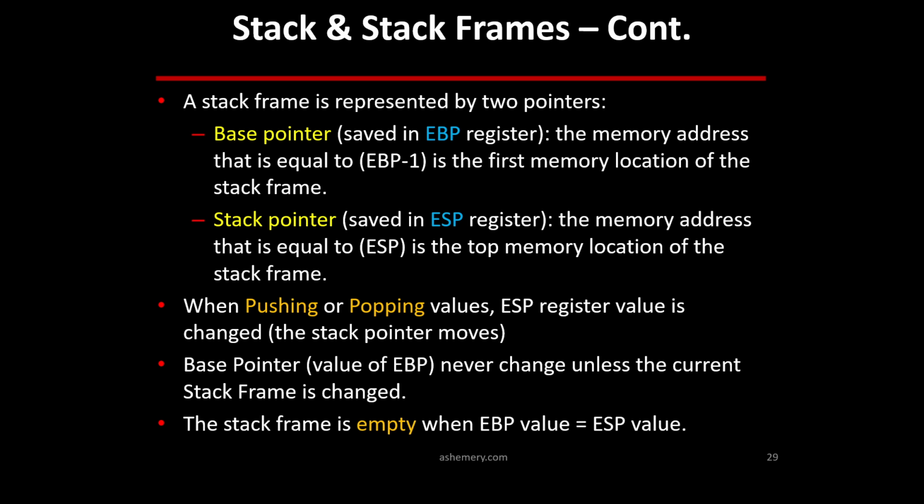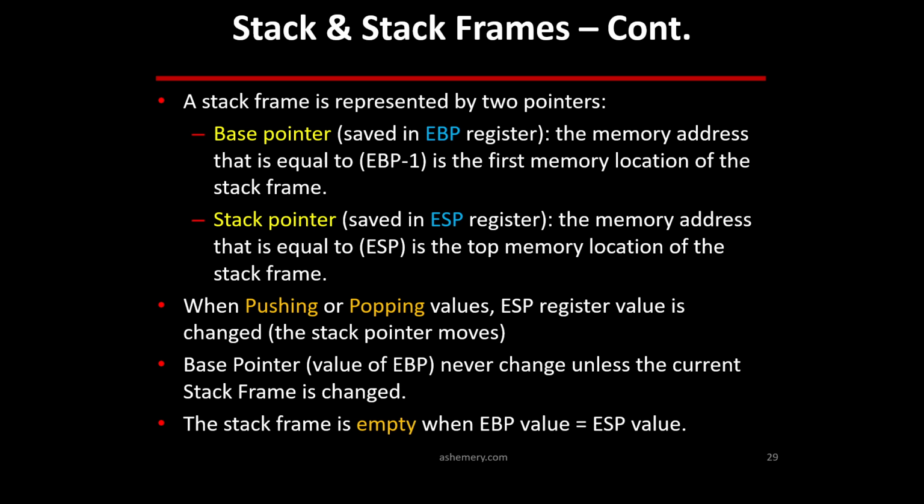So, stack frames. A stack frame is represented by 2 pointers. In order to be able to trace the stack frame and what's happening in it, we need to have 2 pointers. One will be pointing at the base, which is the base pointer, and that's the register EBP.